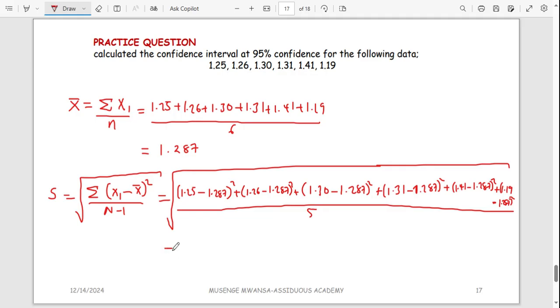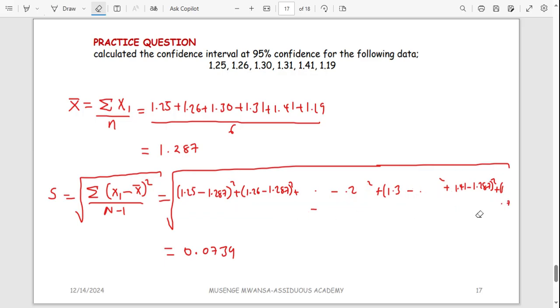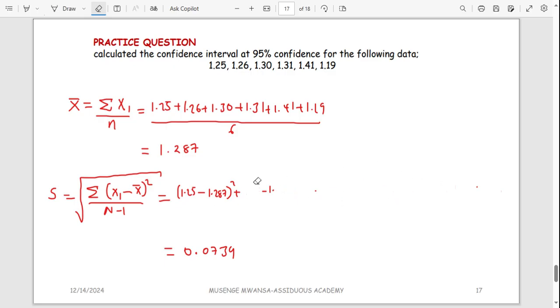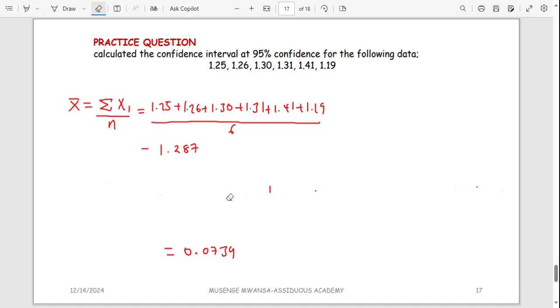If you punch this on your calculator, you should be able to get 0.0739. That is our standard deviation. And make sure that you punch correctly on your calculator, because you might be doing the correct thing, but if you just miss the punching on the calculator, you end up getting something that is not correct.